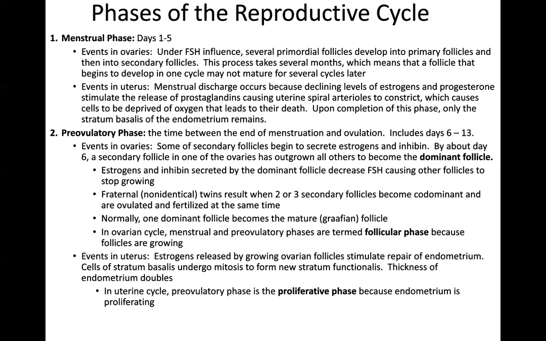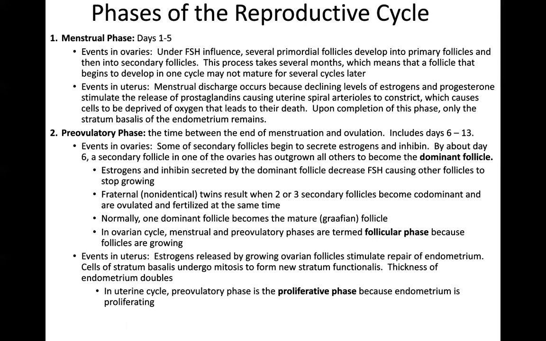So at this point, part of the endometrium is being lost, and that's where the bleeding comes from. And upon completion of this phase, only the stratum basalis, which is one of those layers of the endometrium, is what remains.